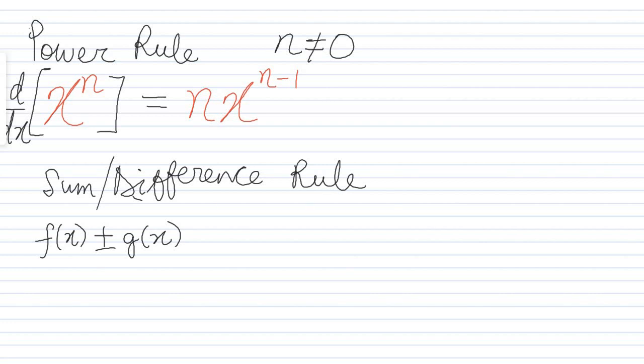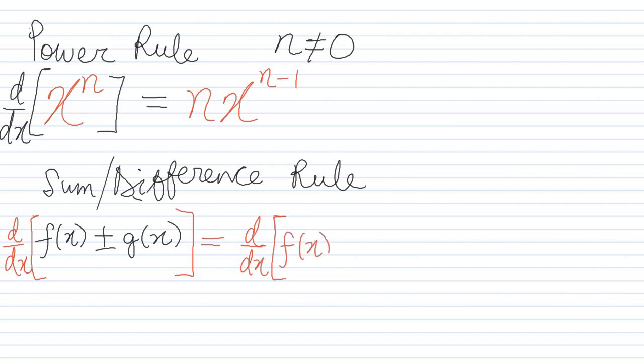So you differentiate f of x plus or minus g of x with respect to x. What you end up with is the derivative of f of x plus the derivative of g of x.